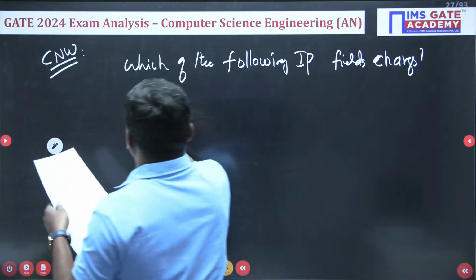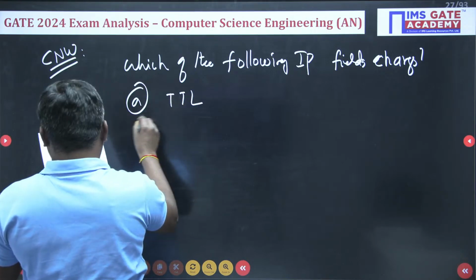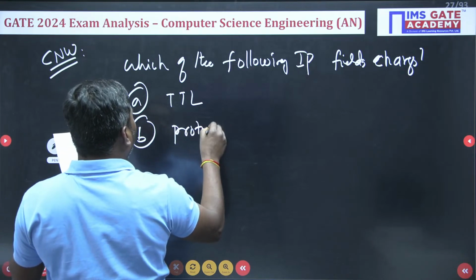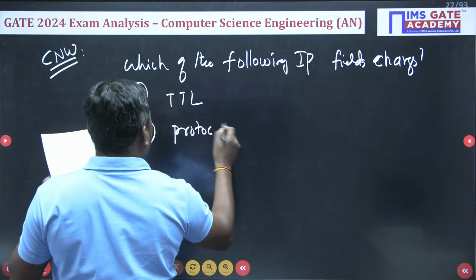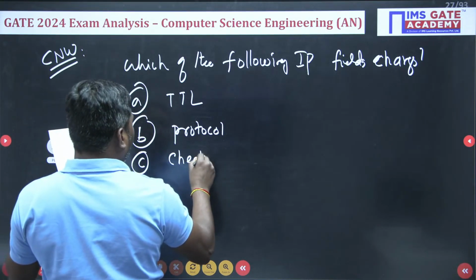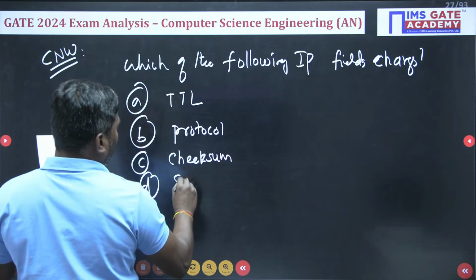They gave option A, time to live; option B, protocol, the protocol field we have; option C, header checksum; option D, source IP address.